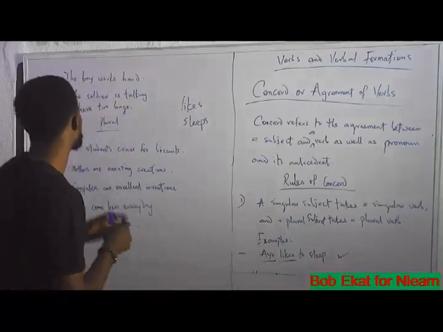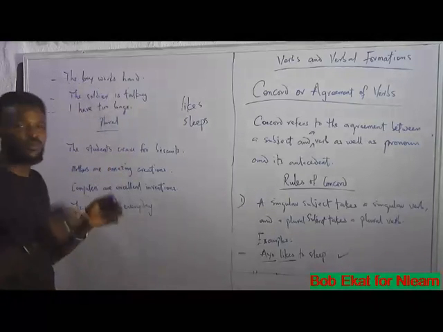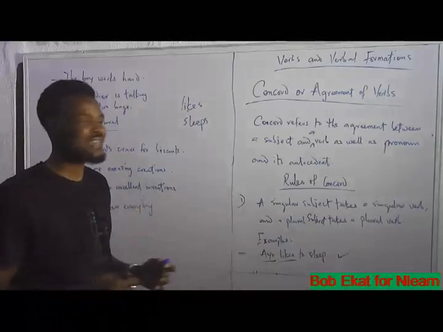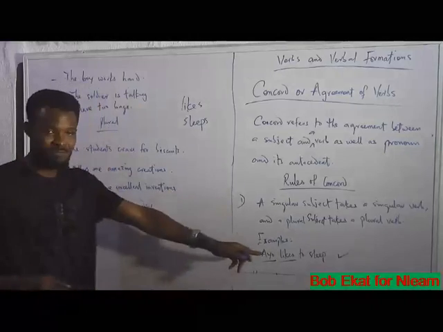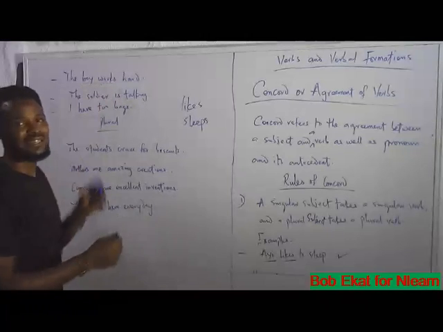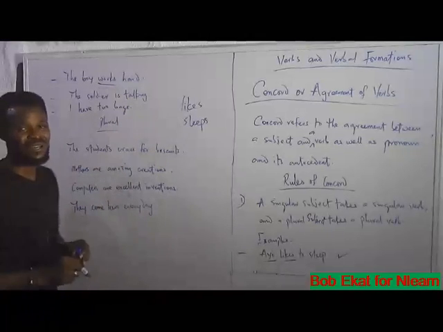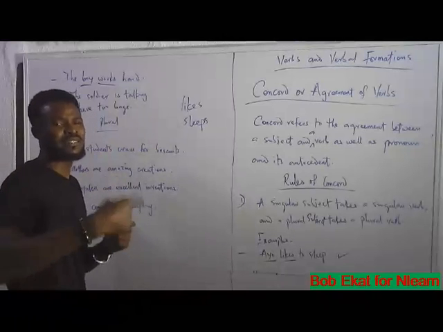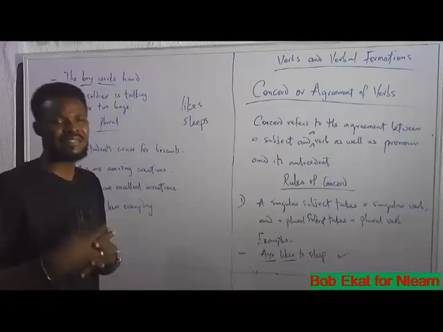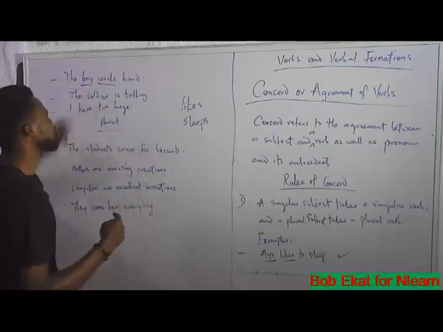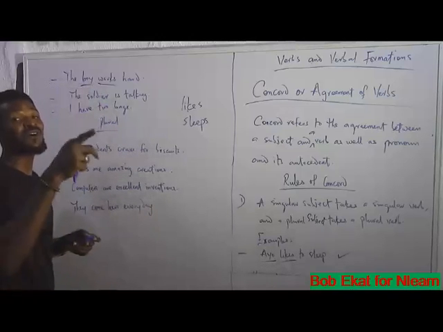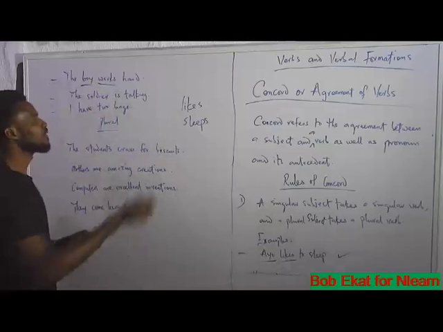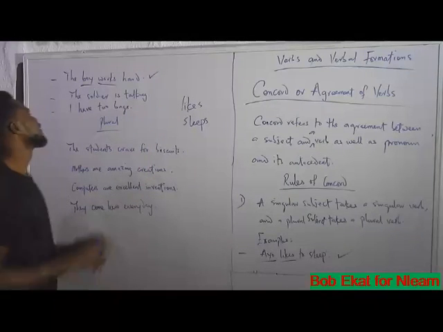Another example is the boy works hard. Similarly, works is singular. Of course, the boy is singular. Boy, one. Boy works hard. There's an agreement because a singular subject is being accompanied by a singular verb. Correct.